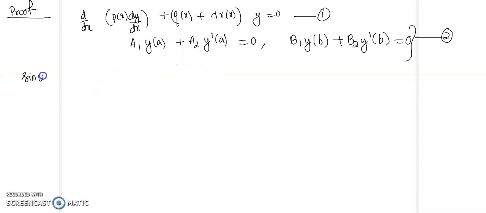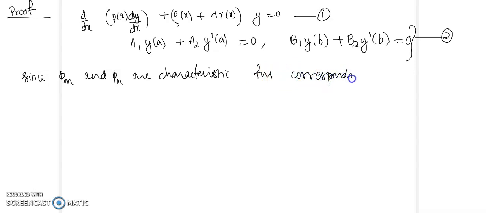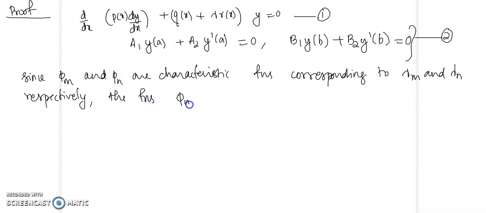Now since we are given that phi m and phi n are characteristic functions corresponding to lambda m and lambda n respectively, the functions phi m and phi n will satisfy equation 1.